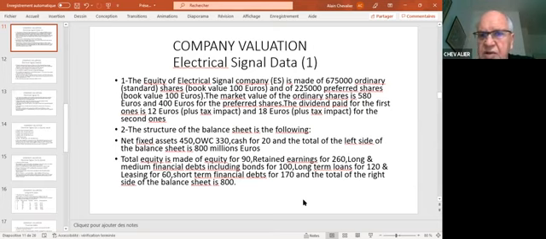So here you are in a case where there is no right to vote for preferred shares. They have, as you will see later, a higher dividend. But for the market, it seems that the higher dividend doesn't compensate for the lack of the right to vote.